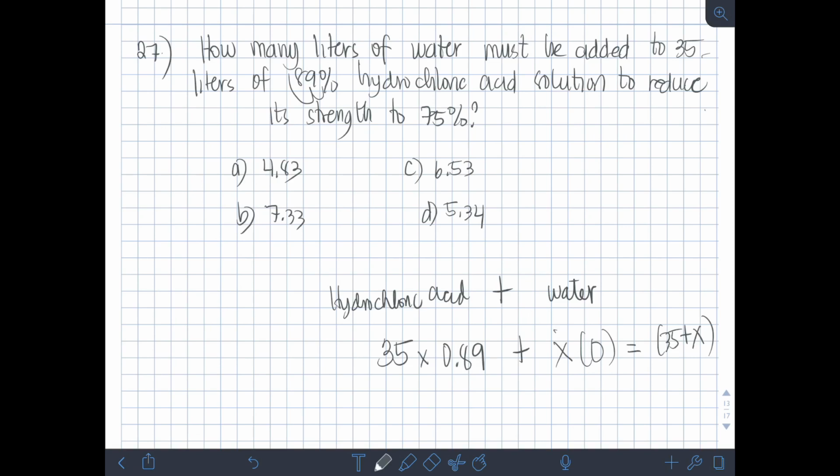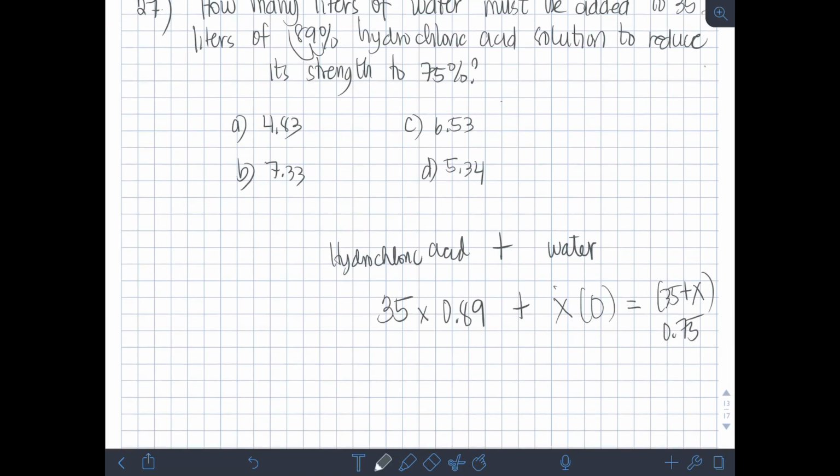Yung volume ng water is x. Multiply natin sa bagong concentration na 0.75. Okay, so therefore, this is our equation. So, we can solve now for x. So, we have 35 times 0.89 plus, cancel na to, equals 0.75 times 35 plus x.